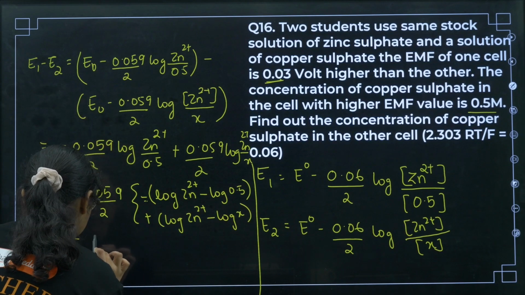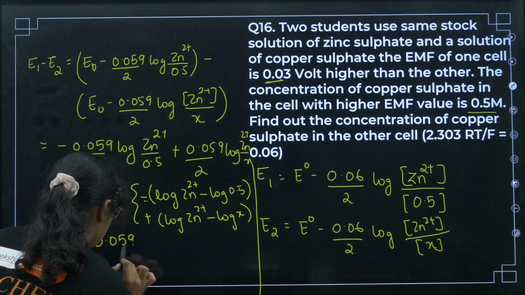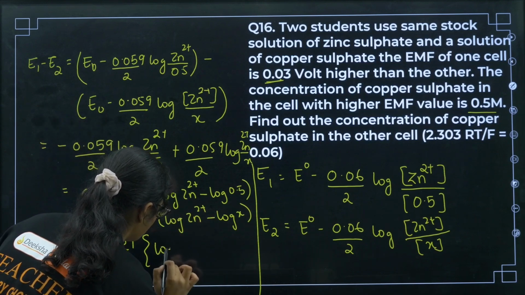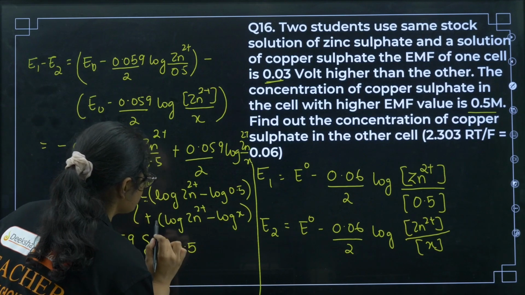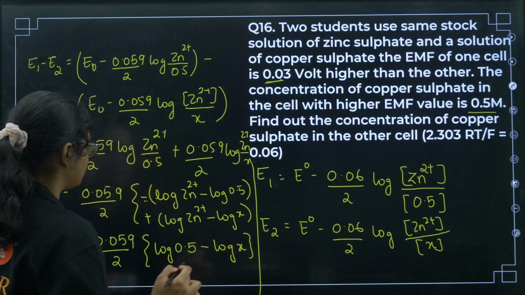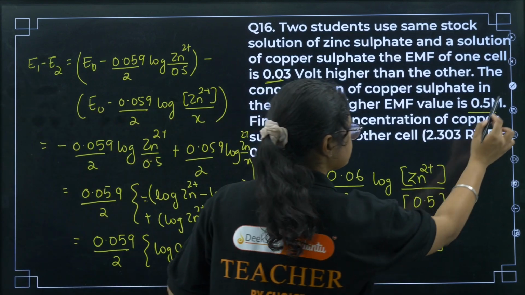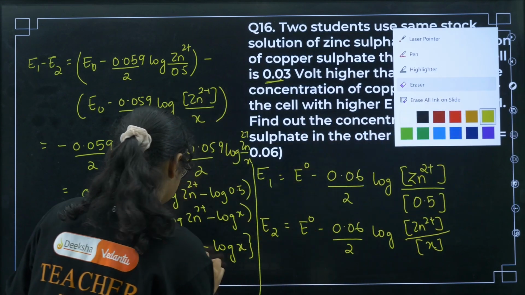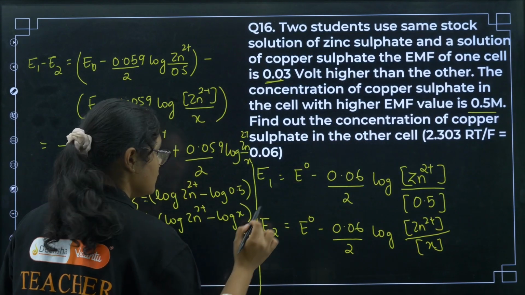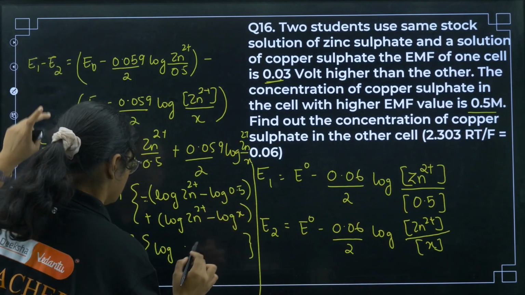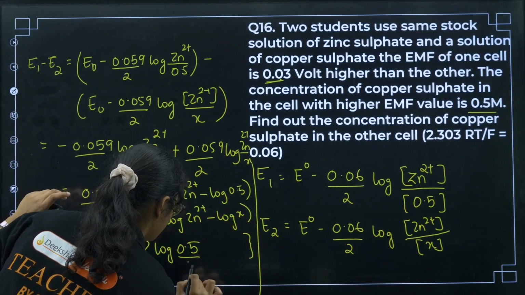So you are left with 0.059 by 2, log of 0.5 and minus log of x. This can be written like this also, log 0.5 by x.